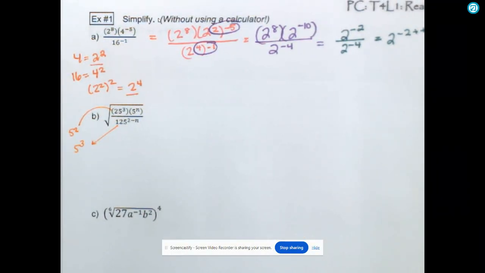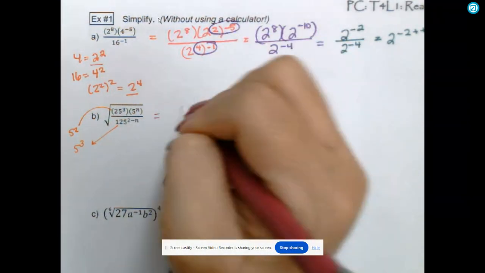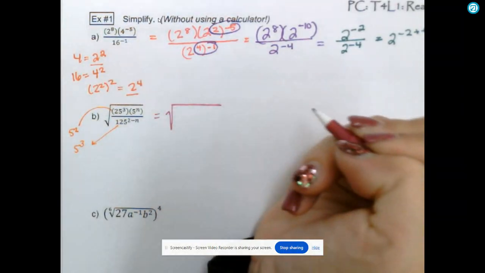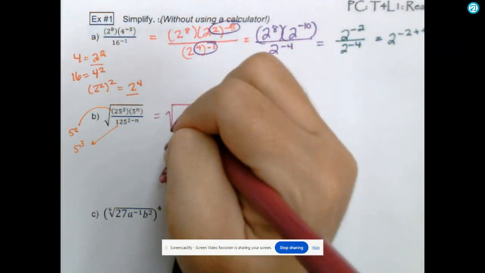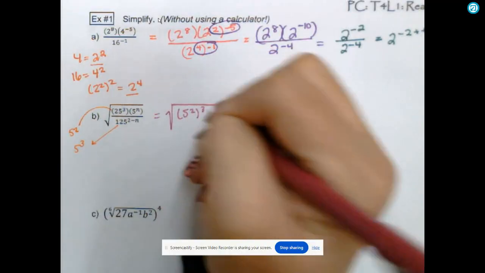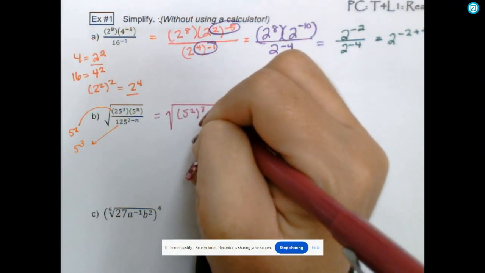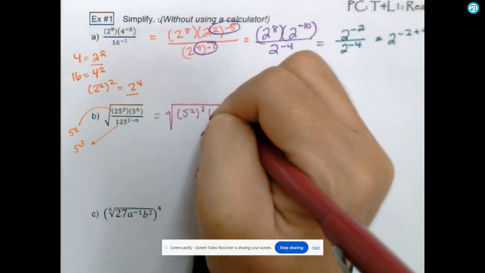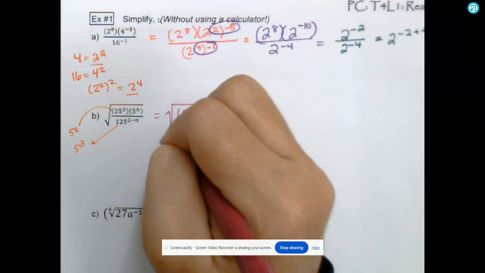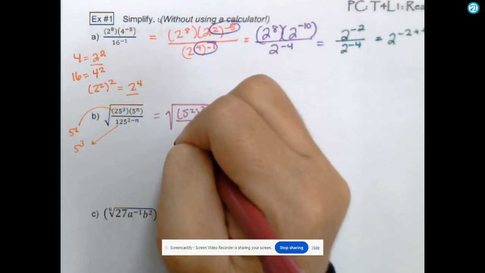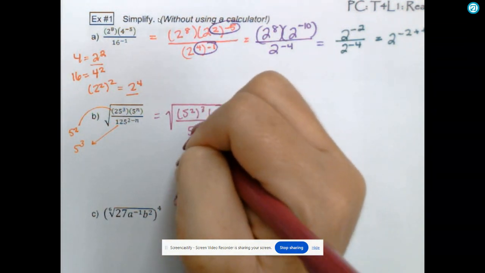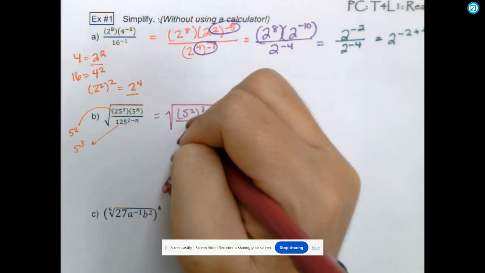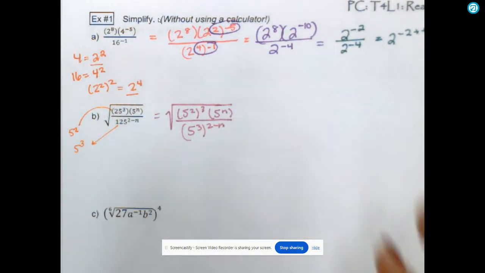Now let's write that out. We're going to leave the radical for now. So 5 squared cubed times 5 to the n, all over 5 cubed to the 2 minus n.